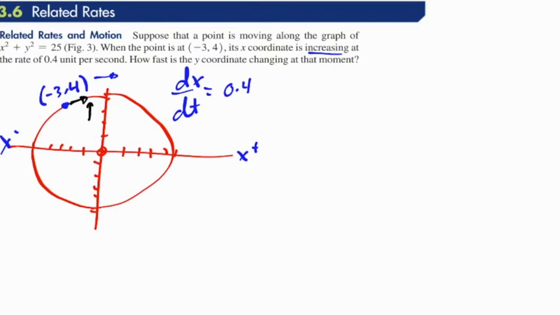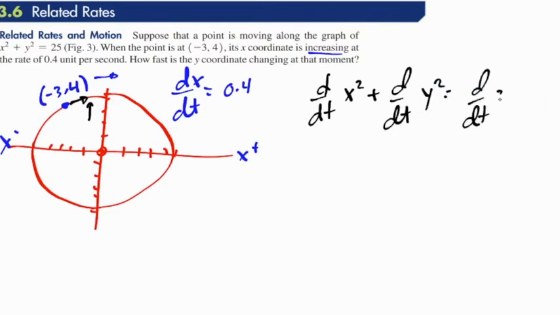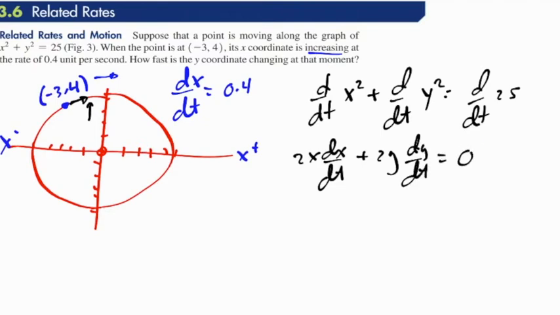We're anticipating what our answer should be. So now we can take the derivative of the equation, d/dt of x squared plus d/dt of y squared equals d/dt of 25. And we have 2x dx/dt plus 2y dy/dt equals 0.